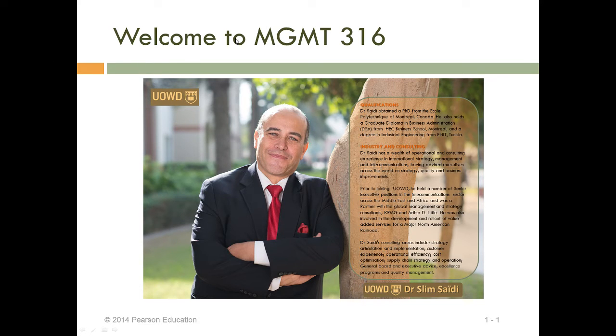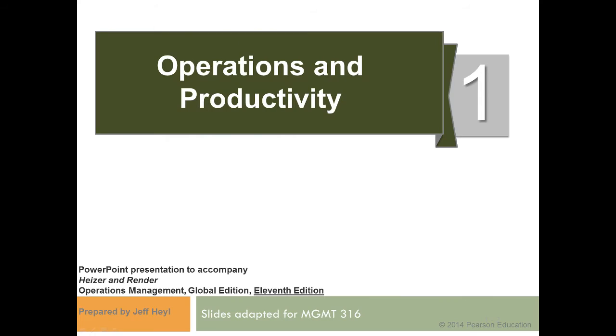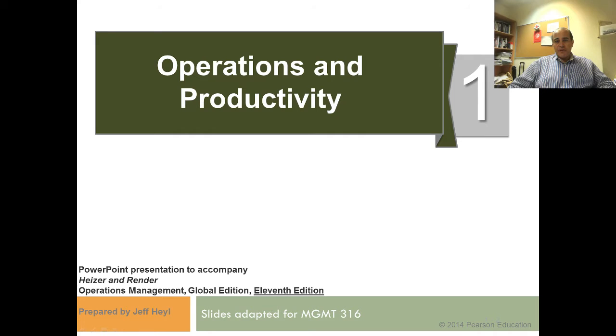The first chapter that we are covering in this course is operations and productivity. This is the chapter where we introduce the key concepts about productivity and operations, what makes operations management, what's the definition, what are the key components, what's the difference between goods and services, and then what's the productivity challenge.